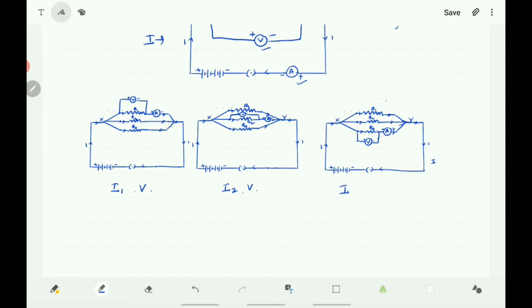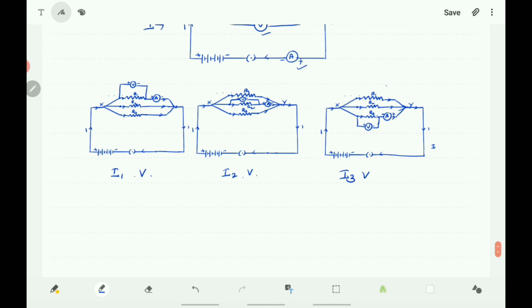So the current is I3 and the potential difference is V. And you can note that the total current I equals the sum of the separate currents through each branch of the combination, that is, I is equal to I1 plus I2 plus I3. So what you have observed here is that the total current I is equal to the sum of the separate currents through each branch of the combination.